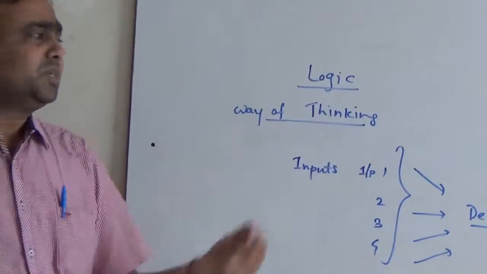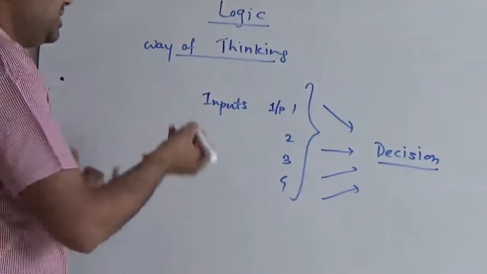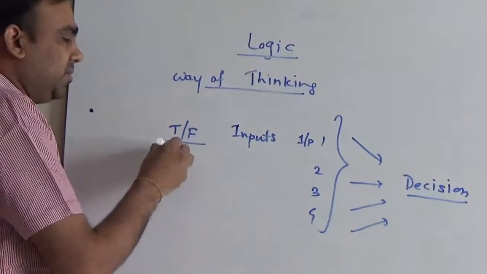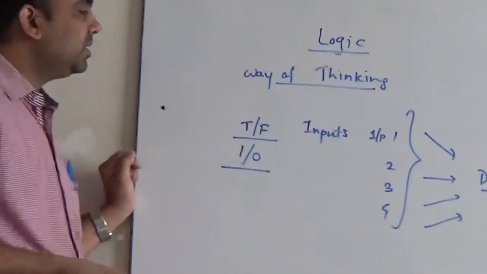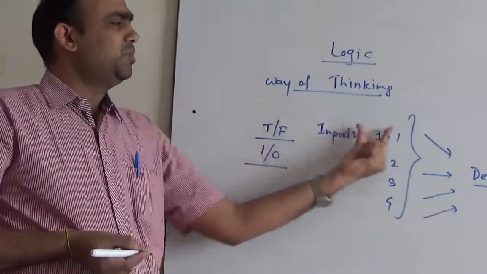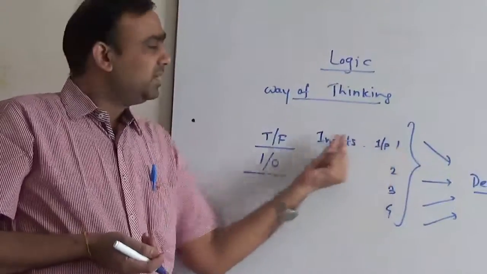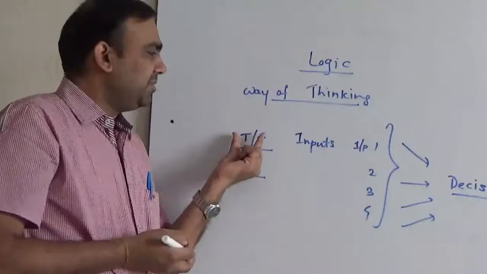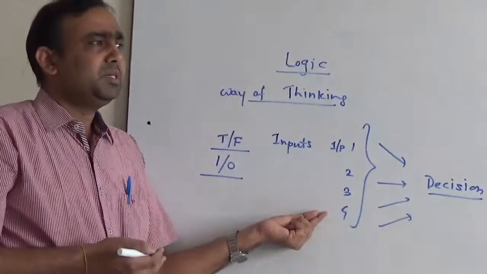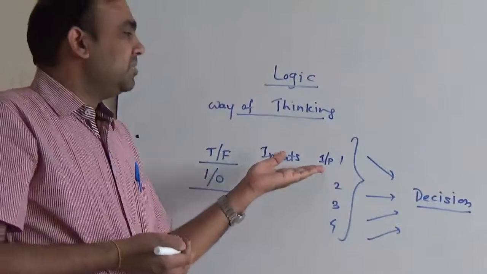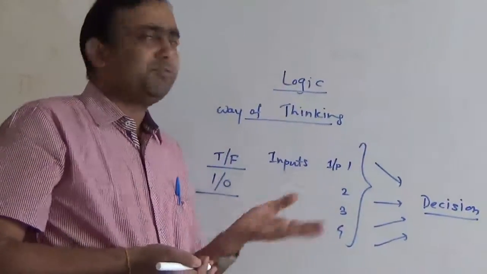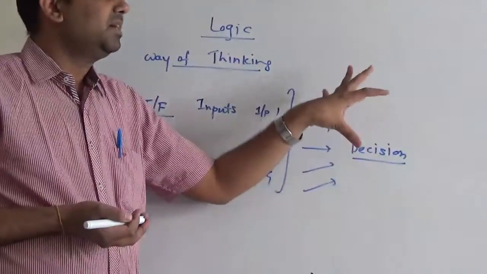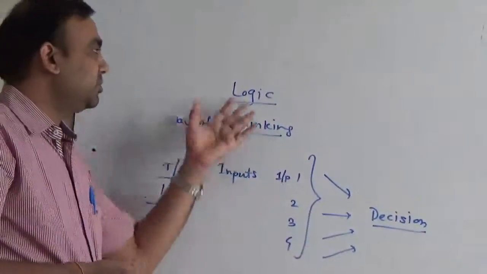Now these inputs will be either, in digital language, true or false, or in logical sense 1 or 0. So true means the input is in favor of me. False means the input is not in favor of me. So I have a number of inputs. Out of these, some may be in favor of me, some may not be, and looking at this, I will have to take some decision, some action. That is what logic is.